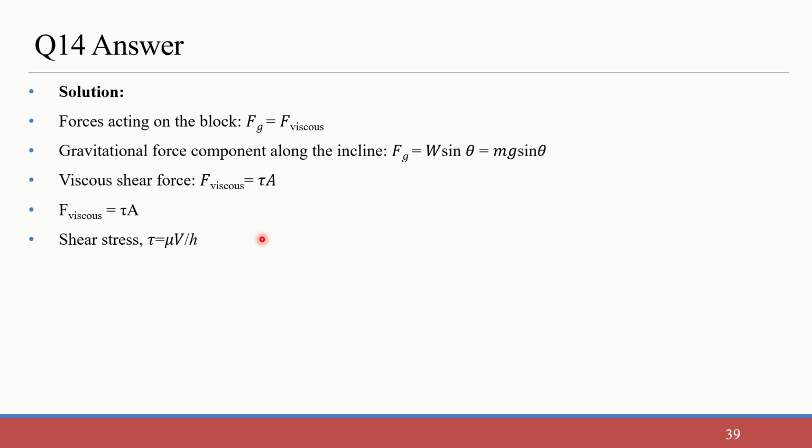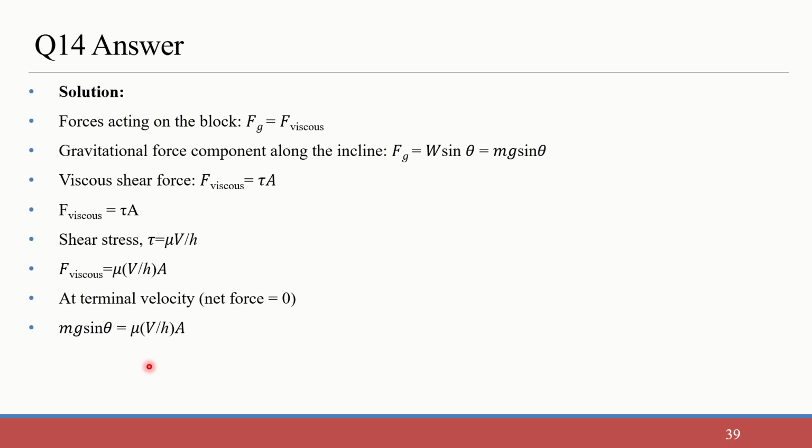Here v is the terminal velocity, h is the thickness of the film and mu is the viscosity of the oil. We substitute this expression in the viscous force expression, and we get viscous force as mu into v by h into A. Now we substitute it back in this particular equation. At terminal velocity, net force becomes 0.